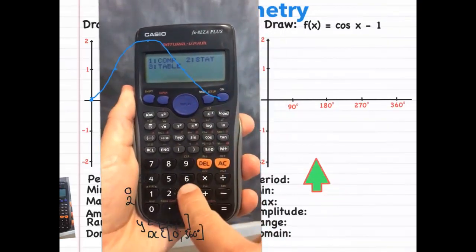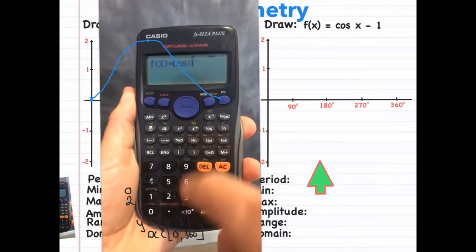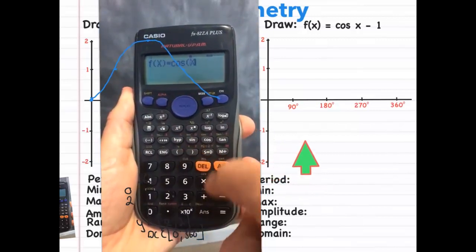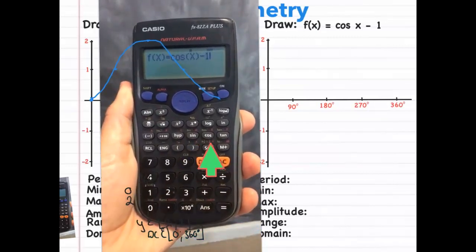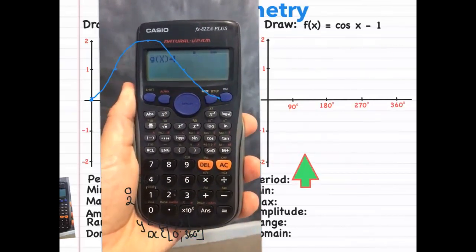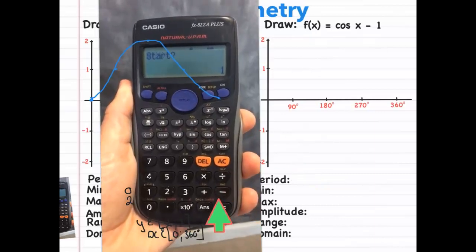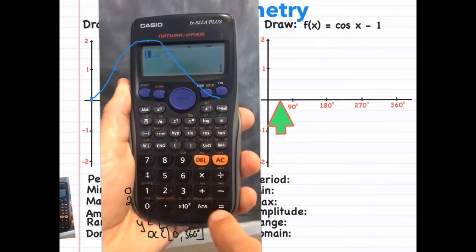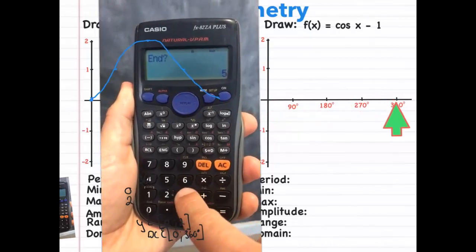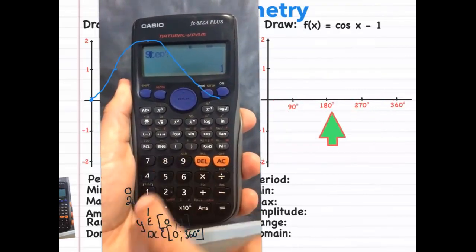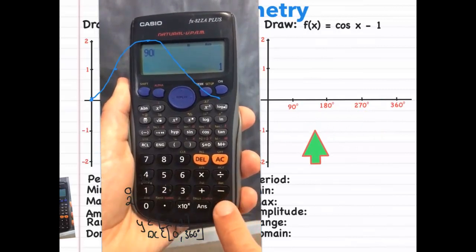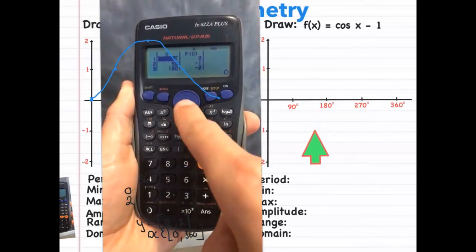So I type in mode, I press 3 to access the table, then the cosine and alpha x. That alpha is important to activate that x there, -1. Press equal, we don't want gx, so you just press equal again. We start at 0 degrees, we go to 360 degrees, we use a step of 90 degrees, so there we go. Press equal, and that is our table.